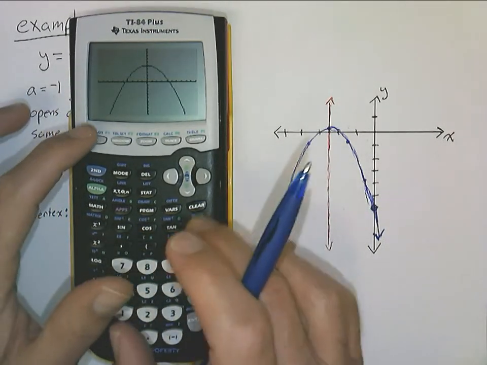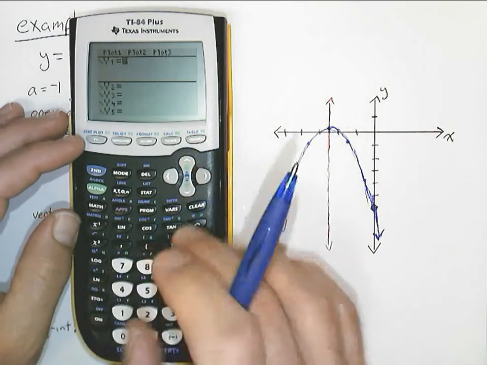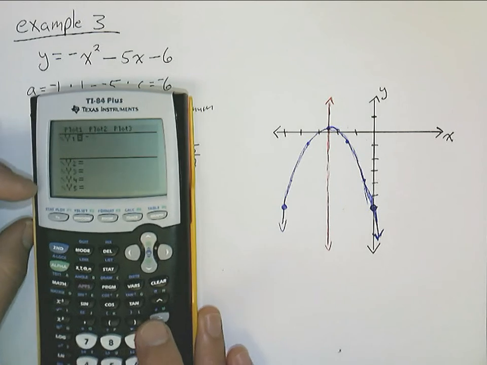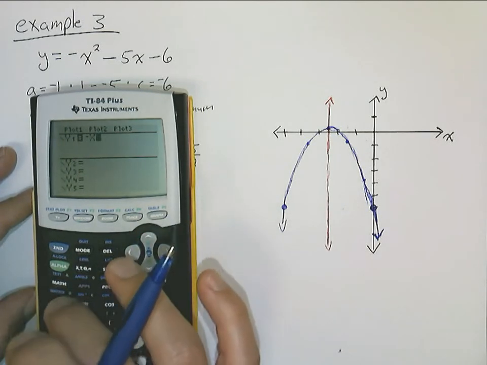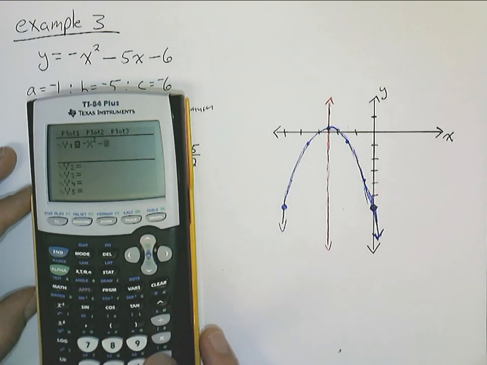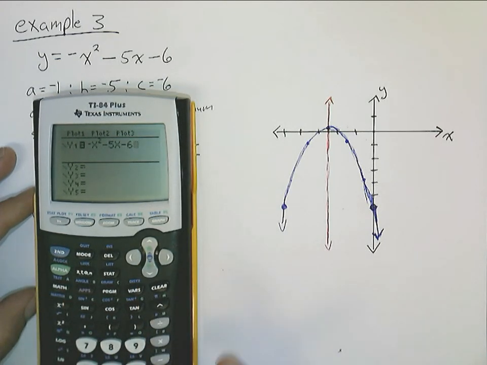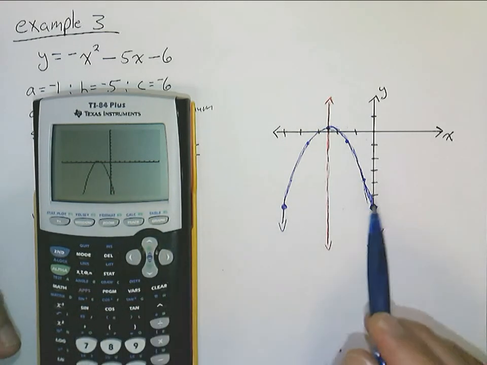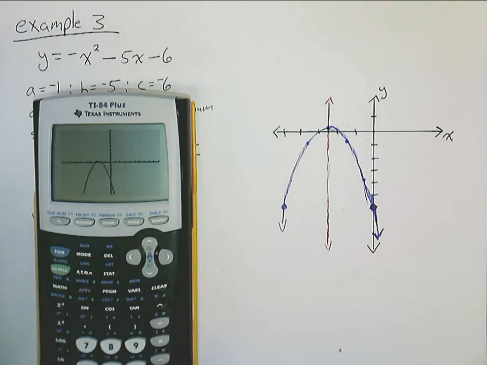But if we check in our calculator, let's see here. So we've got the negative of x squared minus 5x minus 6. We graph that thing, and yeah, we get the exact same picture. And that is how to graph a quadratic function.